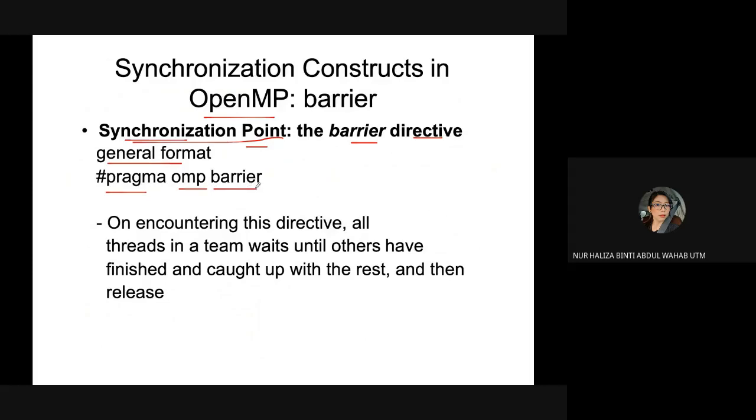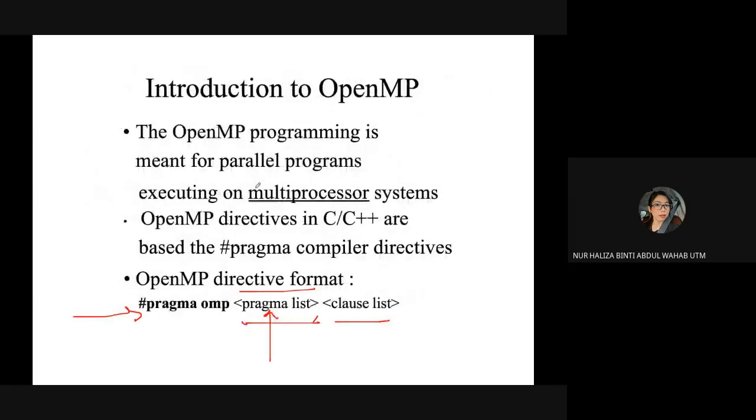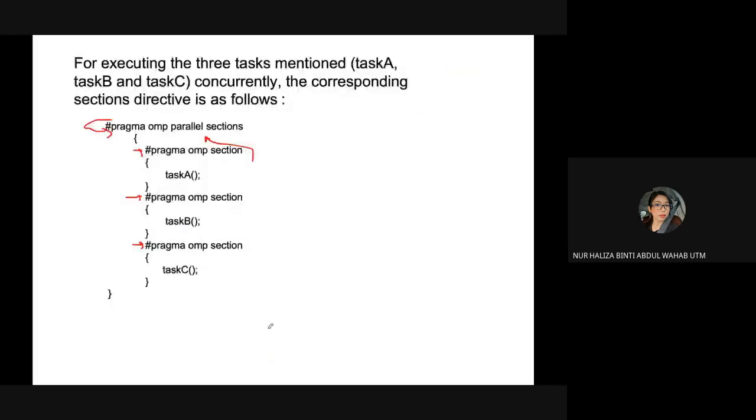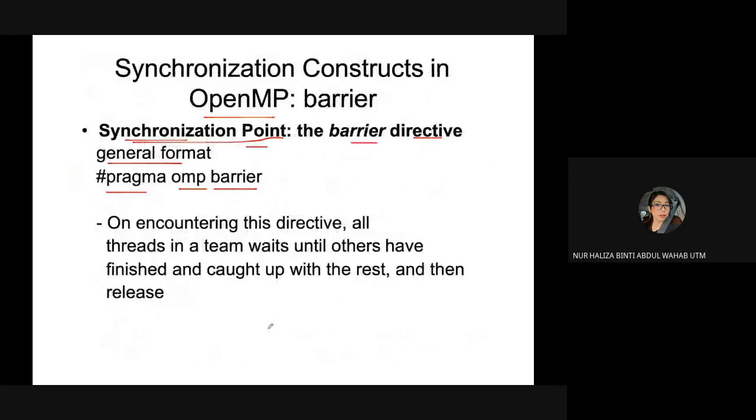Last time, if you look at the format, go back to this slide. You can see it's quite different, which is pragma omp, but now it's going to be a barrier instead.